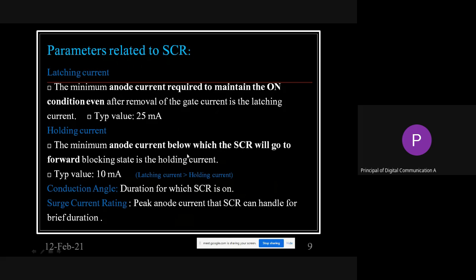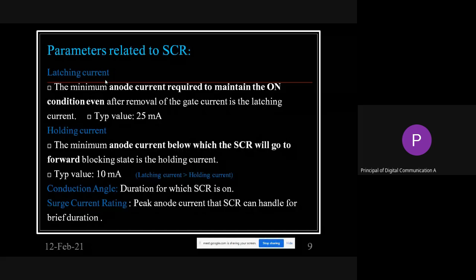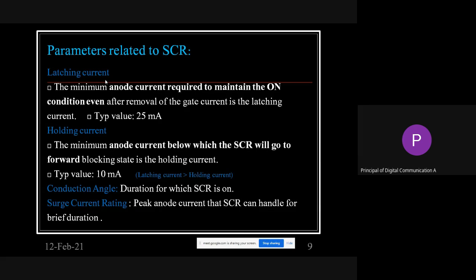Now let's discuss a few parameters related to this VI characteristic: latching current, holding current, conduction angle, surge current rating, like that. So what is this latching current? तर जसं आपण म्हणलं की SCR ऑन कधी होतो, की एनोड टू कॅथोड फॉरवर्ड बायस मध्ये द्यायचा, गेट पल्स द्यायची, SCR झाला ऑन. त्यानंतर गेट पल्स काढून घेतली, पण कारण कंडक्शनसाठी गेट पल्सची काही गरज नाही.